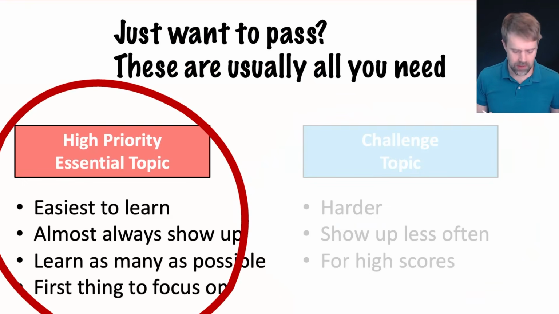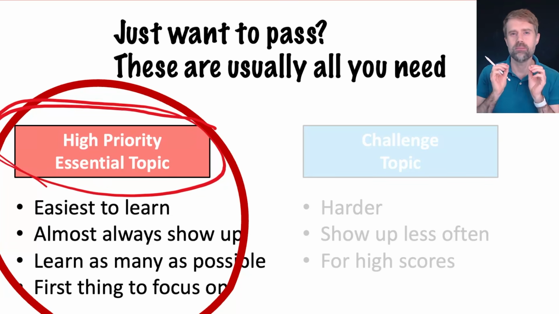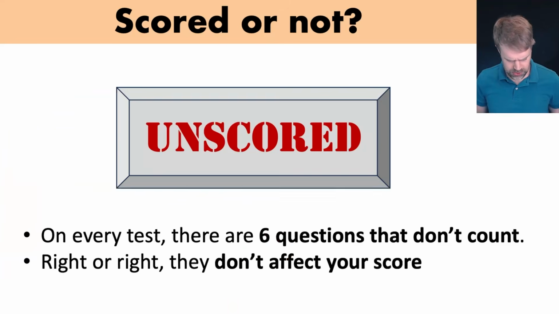But if you just want a passing score, usually these high priority essential topics are all you need. So that's why I'm making it super clear whether each question is about one of these high priority topics or whether it's on a challenge topic, so you know what you need to focus on.